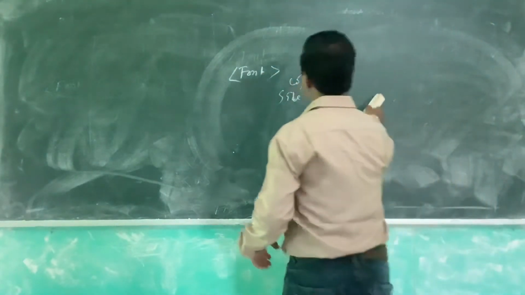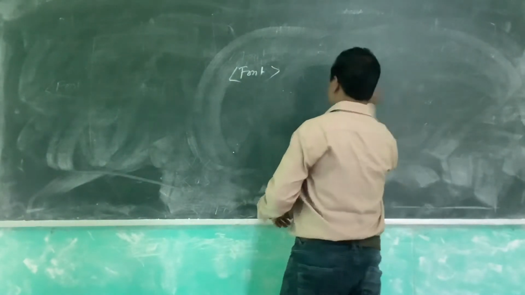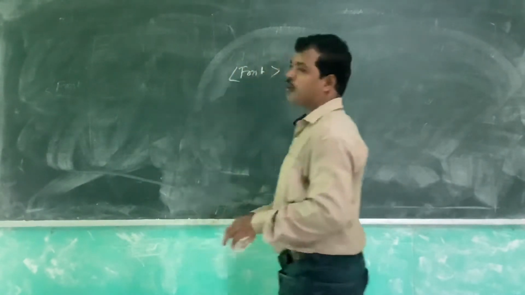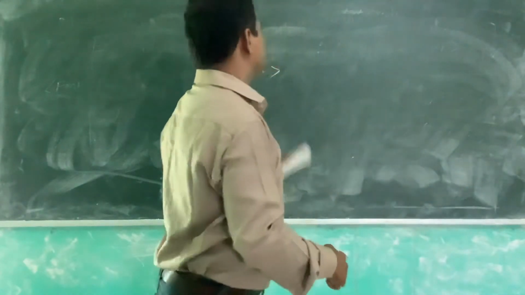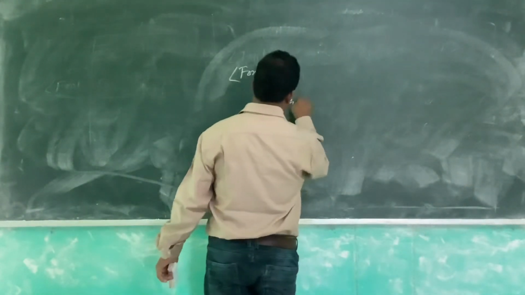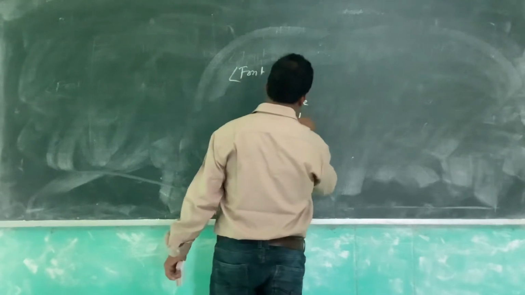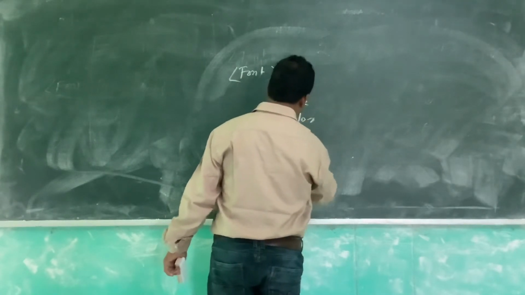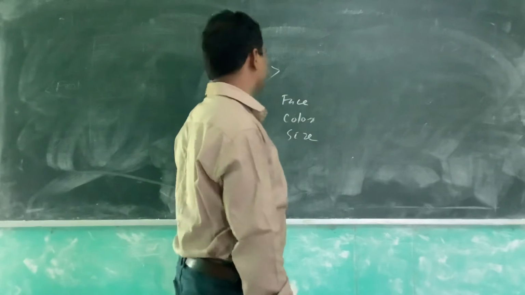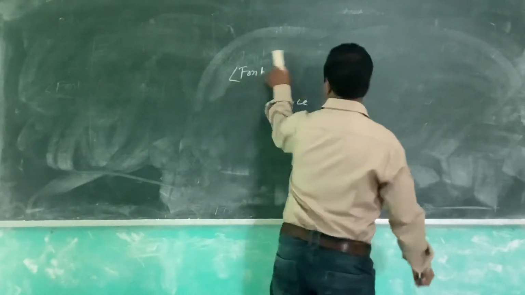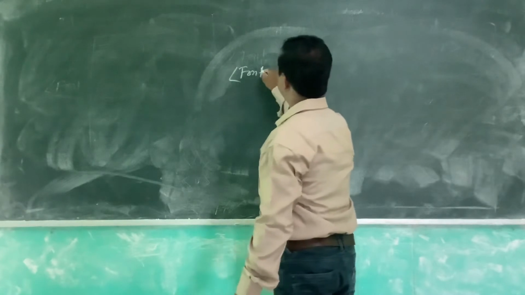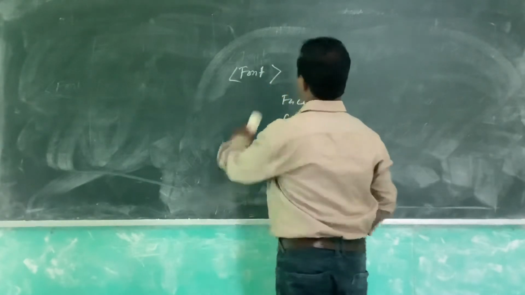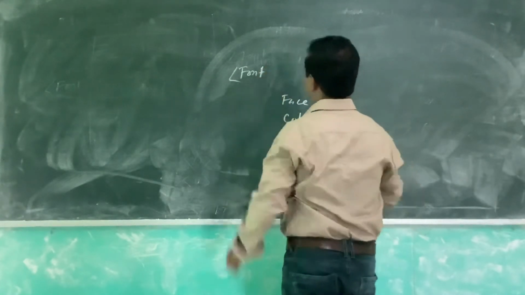So how can we do this? By using the font tag, and it has three attributes. One is face, second is color, and third is size. Simply type font, without closing the font tag.